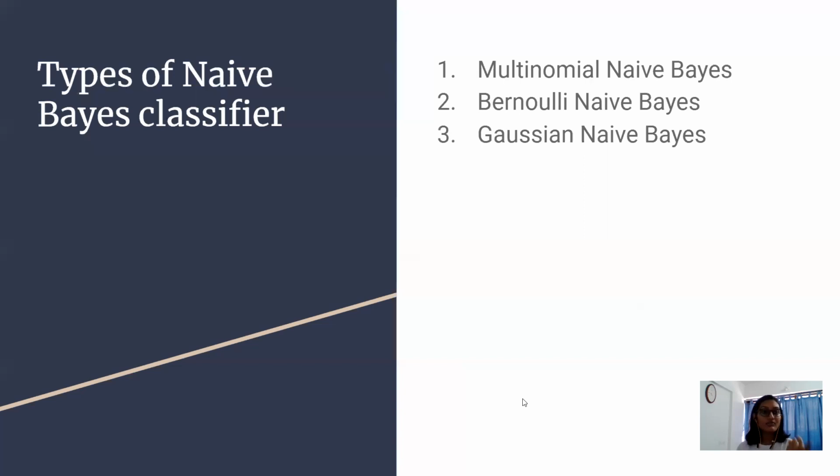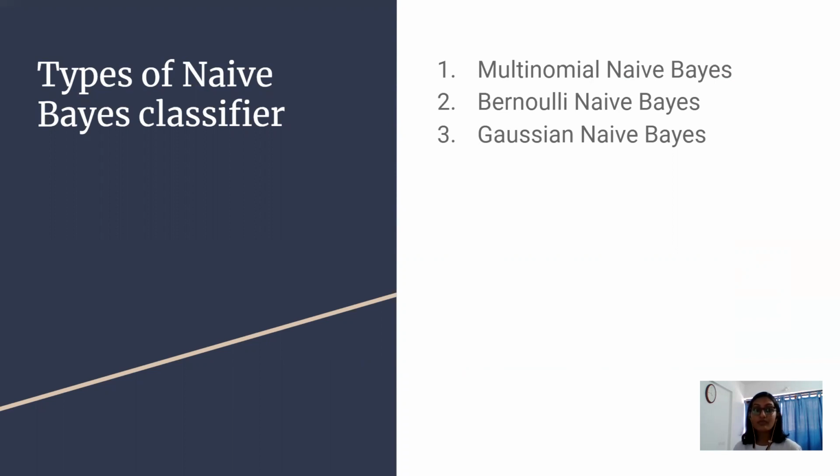Now, the different types of naive Bayes classifier. The first one is multinomial naive Bayes. This is mostly used for document classification problems, that is, whether a document belongs to the category of sports, politics, technology, etc. The features or the predictors used by the classifier are the frequency of the words present in the document.